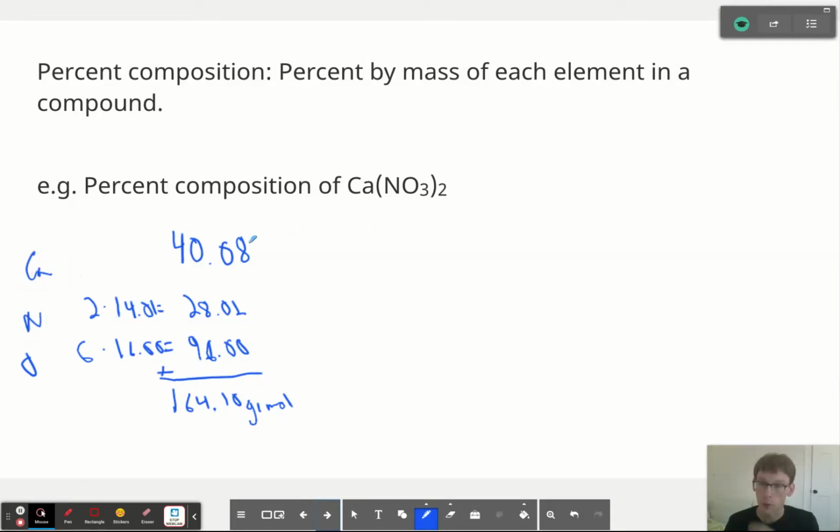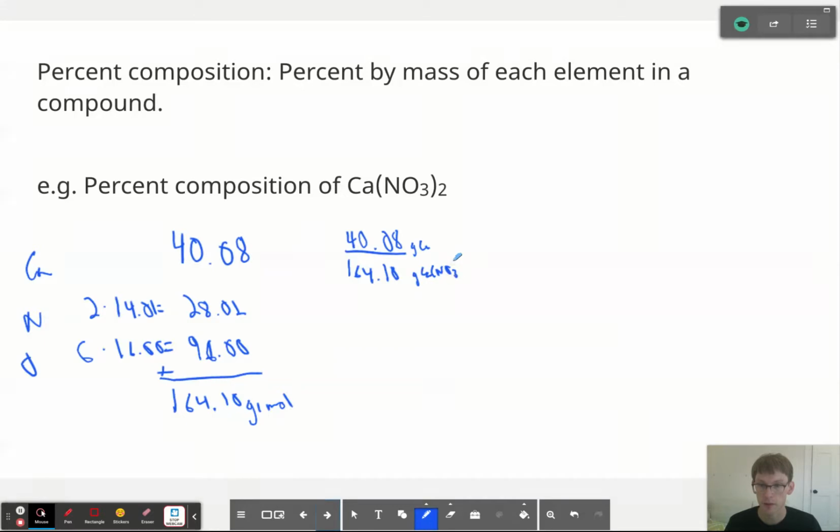But now, what is the percentage of calcium in calcium nitrate? Well, we have 40.08 over 164.10. This is grams of calcium per mole versus grams of calcium nitrate.